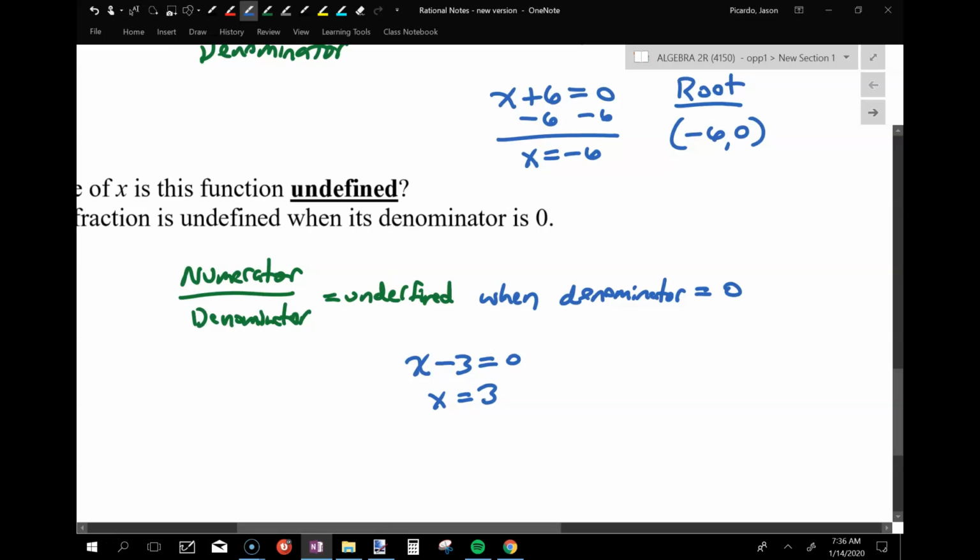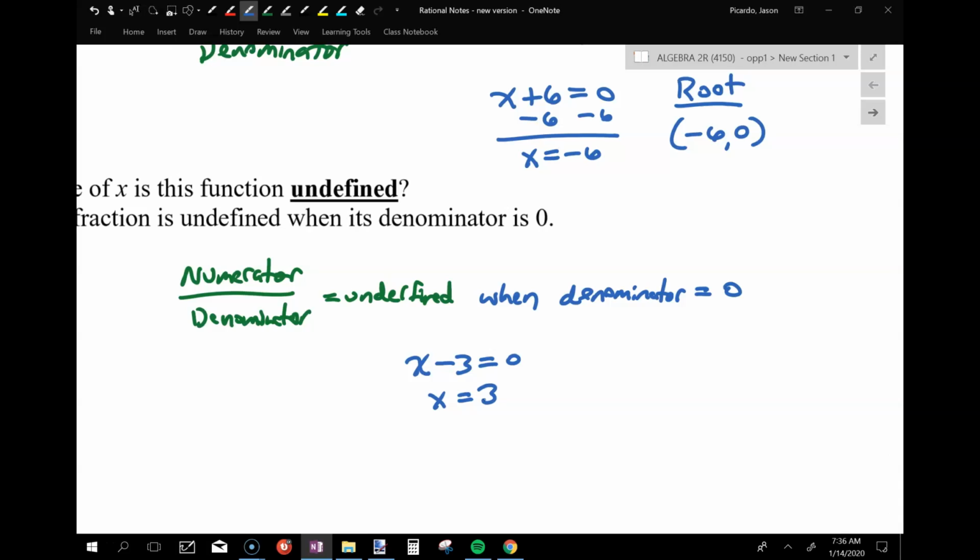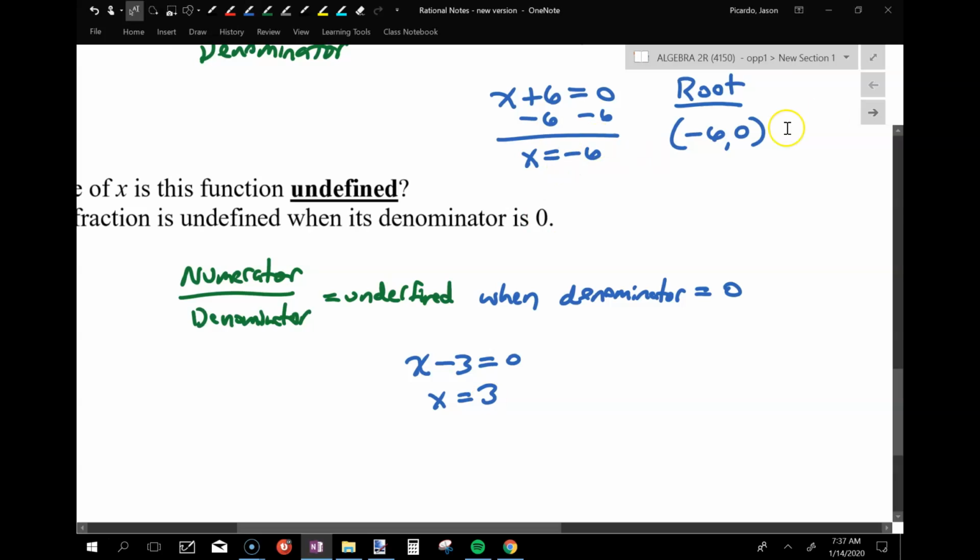But hang on a minute, time out. Hold the phones. Question: is a root going to be the same as where a function is undefined? No, right? A root is a coordinate point. It's a spot where a parabola, a function, some sort of graph crosses the x-axis.